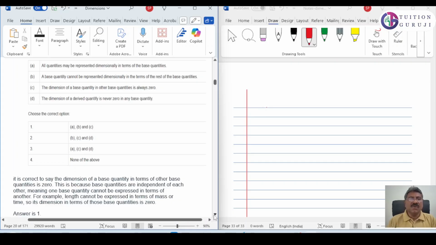Consider the following statements. All quantities may be represented dimensionally in terms of base quantities. A base quantity cannot be represented dimensionally in terms of the rest of the base quantities.